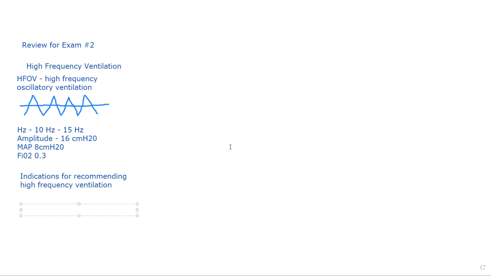Why is the mean airway pressure fluctuating? So you need to know all the reasons why mean airway pressure fluctuates. So having water in the circuit, having secretions in the airway causes mean airway pressure to fluctuate.